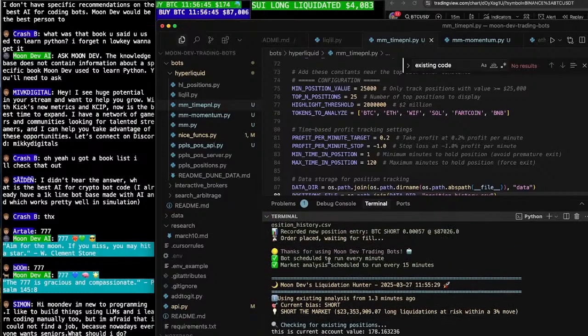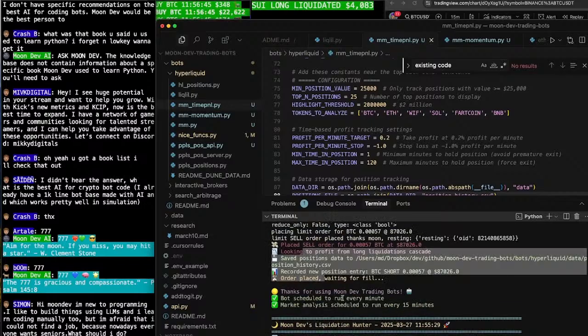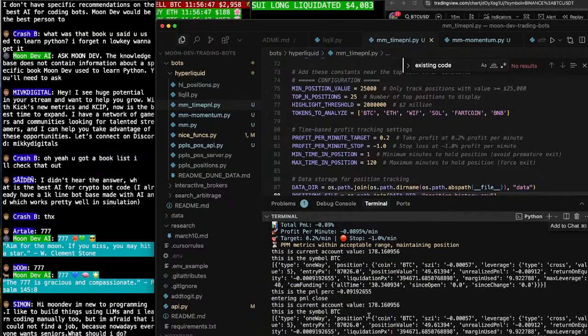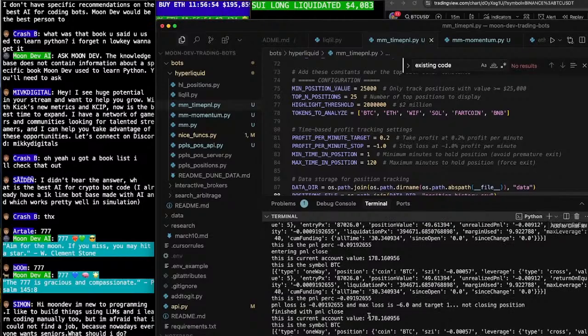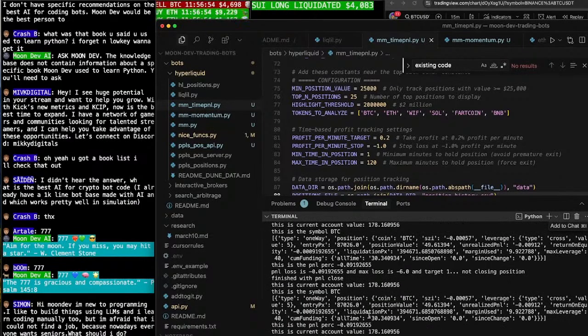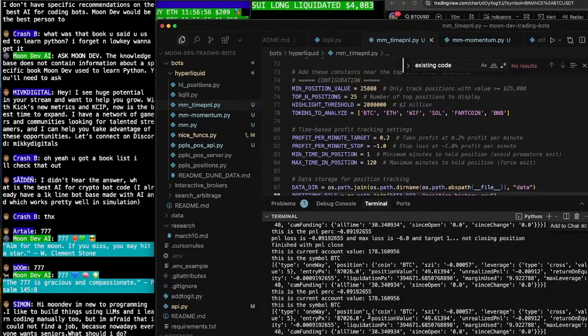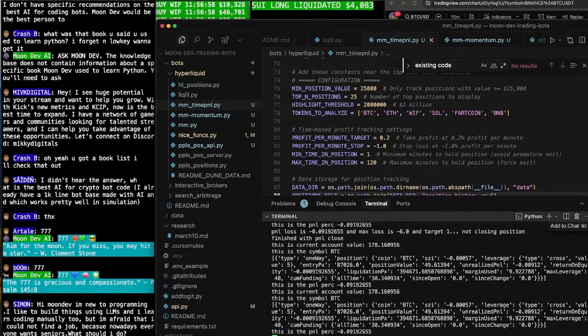I mean, this would be sick. Let's see if we can. It's current account equity.